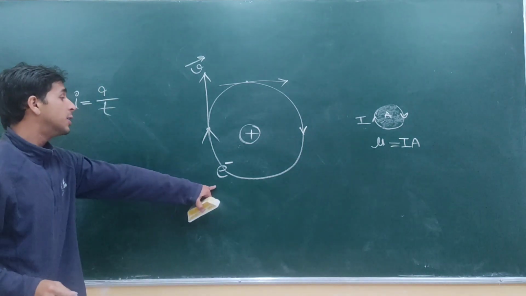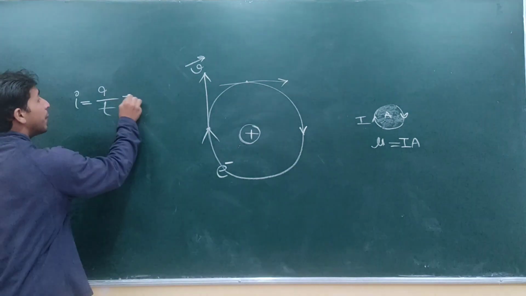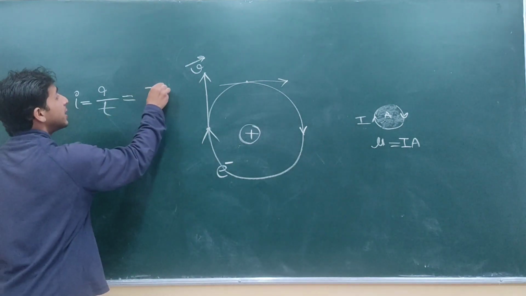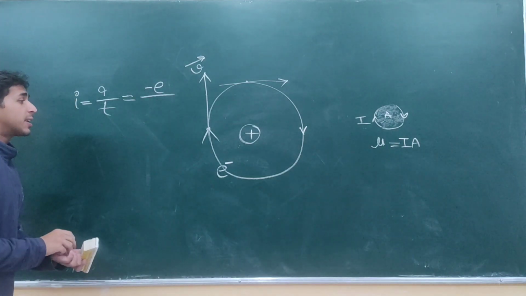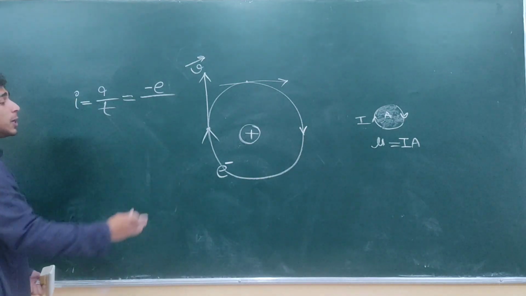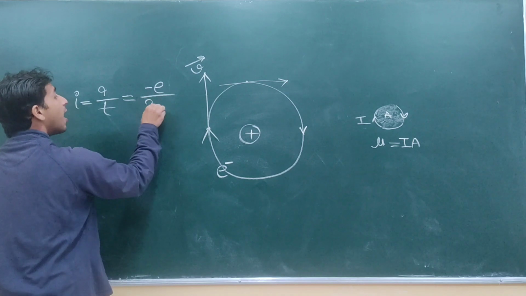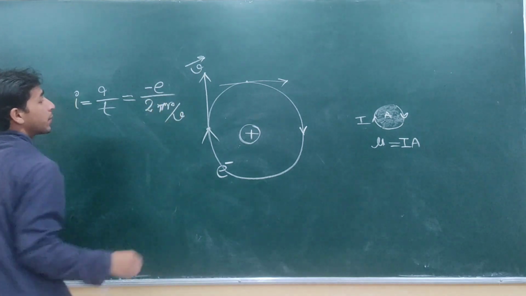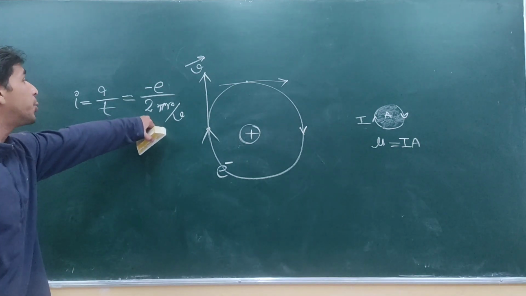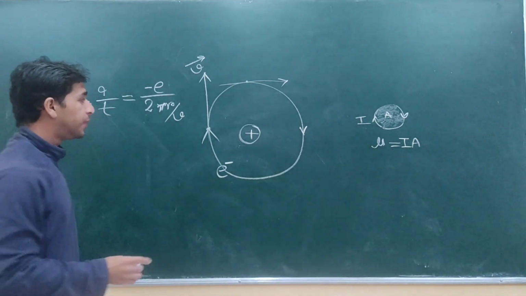In this case, the charge is equal to negative e. That's the charge of the electron, and the time it takes is equal to 2 pi r divided by v. Why have I written 2 pi r divided by v?